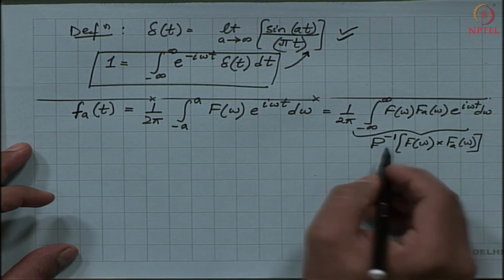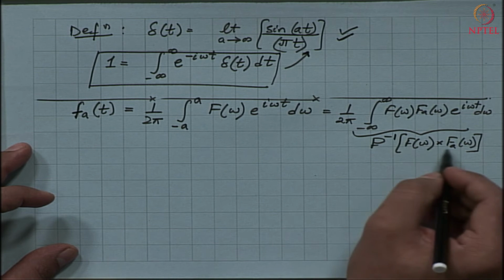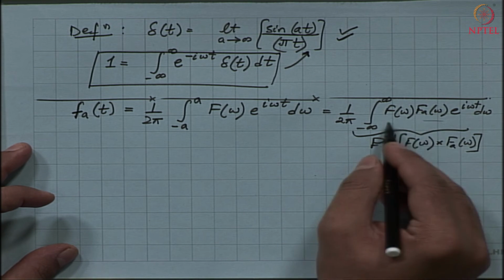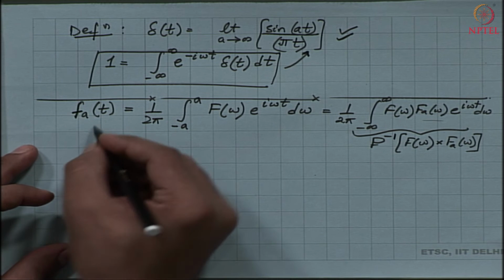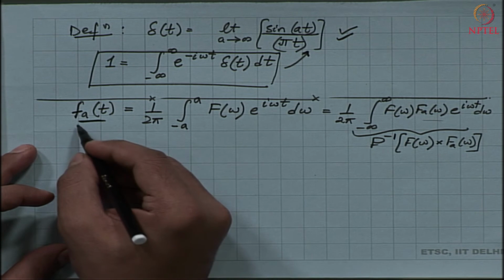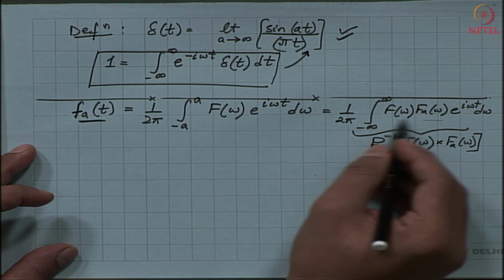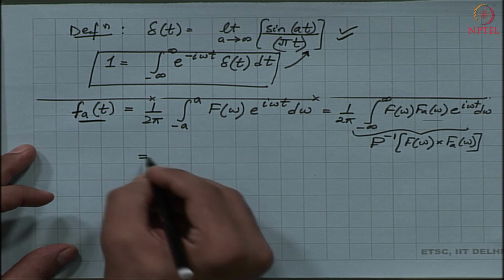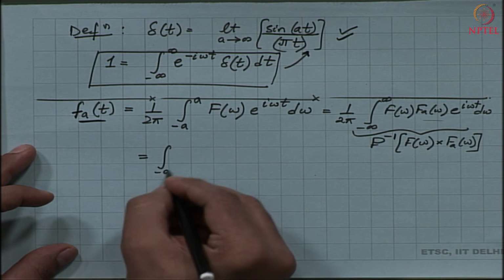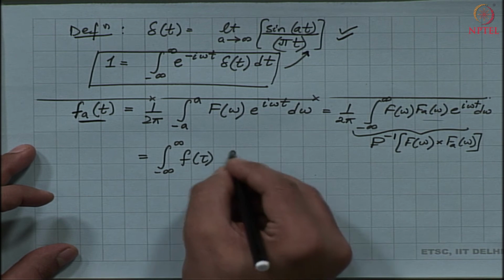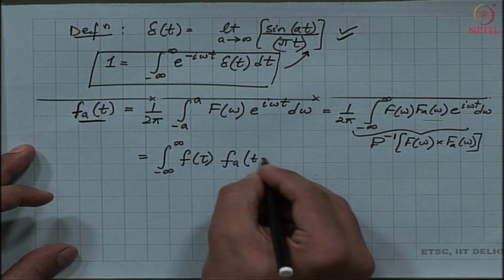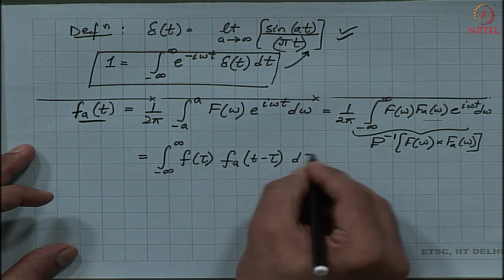Using the result that the product of two Fourier transforms is the convolution of the corresponding functions, I get that this is also equal to the convolution of f with f a of t minus tau d tau.